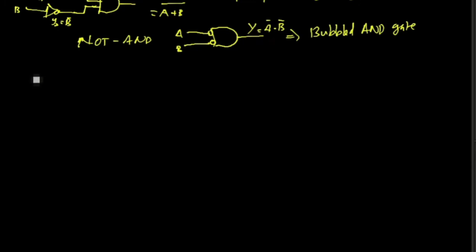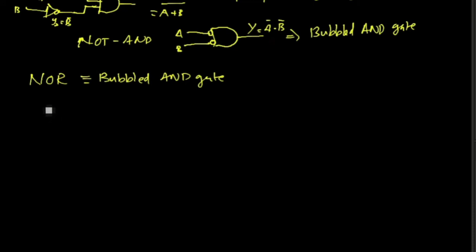So what we have seen here is that a NOR gate is identical to a bubbled AND gate. NOR means OR plus NOT gate.